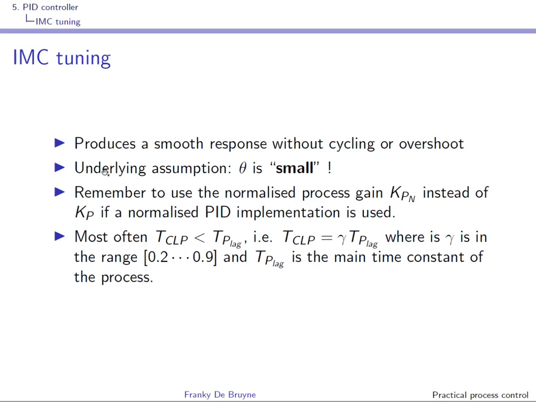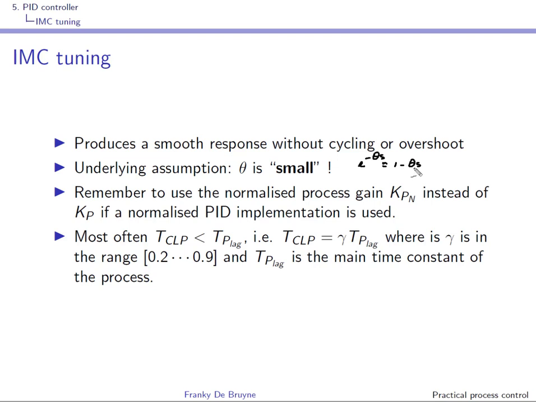Notice that very often there is a hidden underlying assumption, that theta is small with respect to the main time constant, and this is coming from this PID type approximation that is often used in the background, which says that e to the minus theta s is 1 minus theta s, and this is of course only valid for small theta.